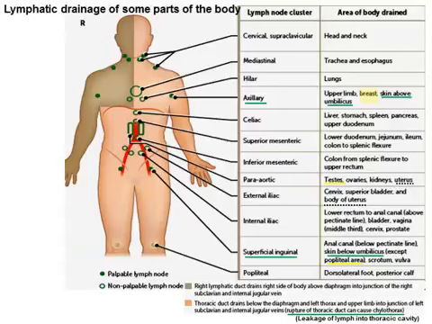The celiac lymph nodes are very important for the drainage of the liver, stomach, spleen, pancreas, and upper duodenum. The superior mesenteric lymph node drains the lower duodenum, jejunum, ileum, and the colon up to the level of the splenic flexure. The inferior mesenteric lymph node drains the colon from the splenic flexure to the upper rectum.